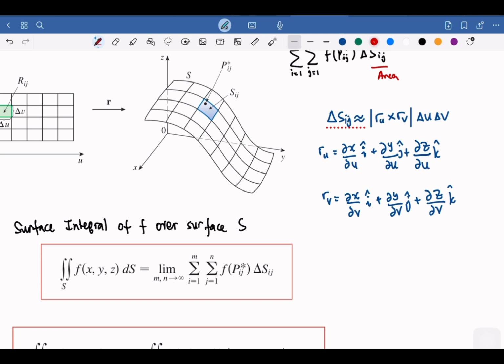So these two are the tangent vectors, right? Tangent vectors at the corner of the S.